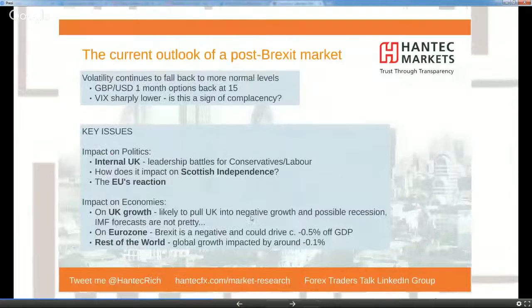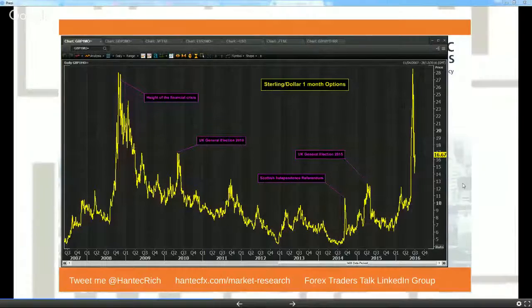Now, obviously, we've got the markets looking at the post-Brexit world. We've had significant volatility in recent weeks, and that's not really going down too much. I'll show you a chart of the volatility on one-month sterling options.